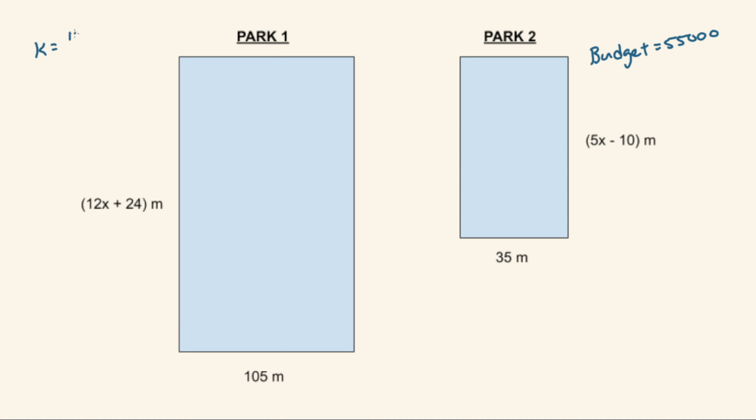So k is equal to 105 divided by 35, and that's going to come out to 3, which tells me that park 1 is 3 times larger than park 2. Which means that this length right here, that 12x plus 24, is 3 times 5x minus 10.